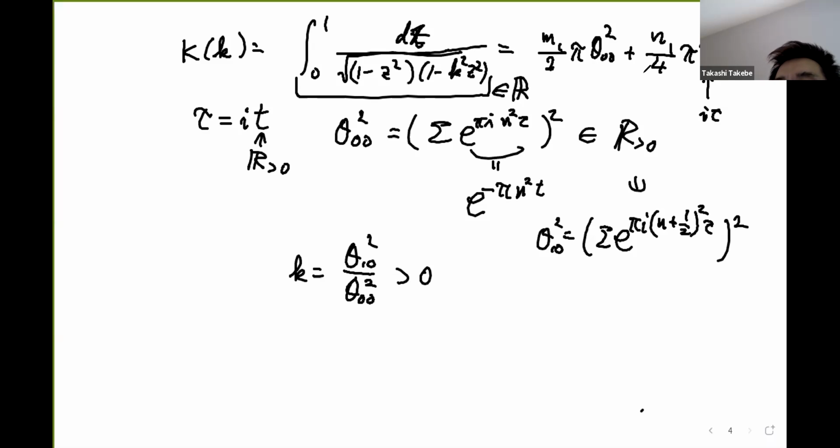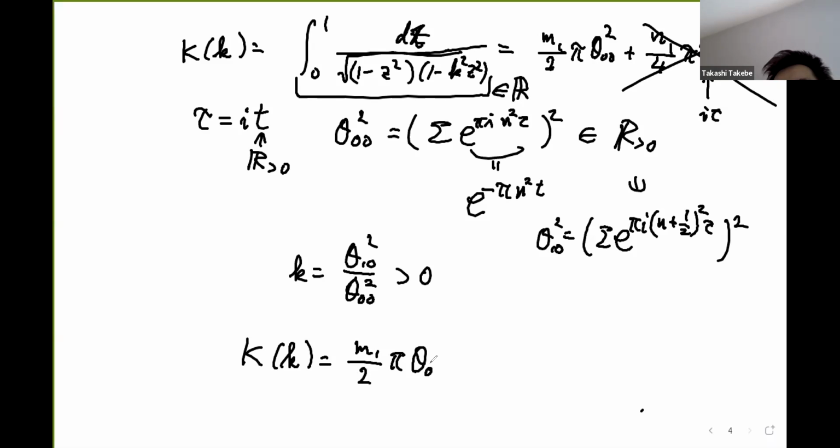So we cannot have this part, namely K is equal to this one.